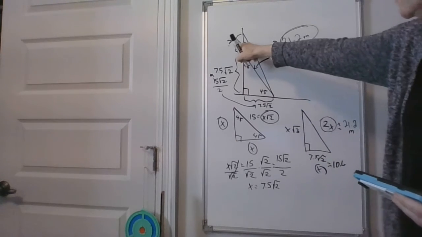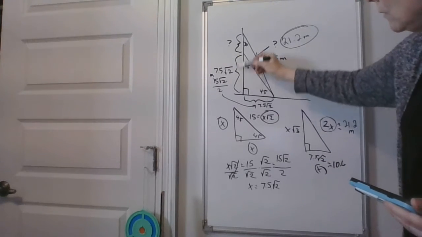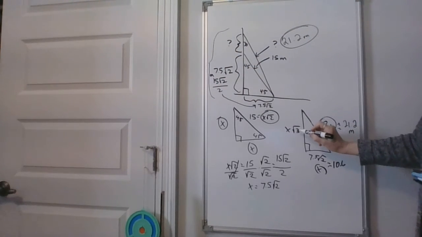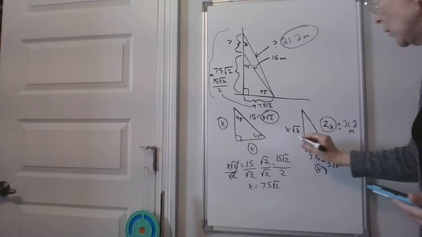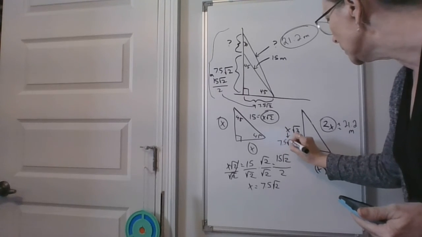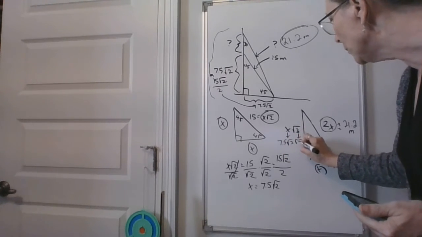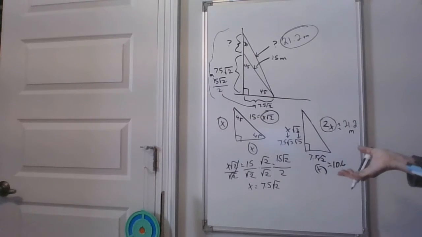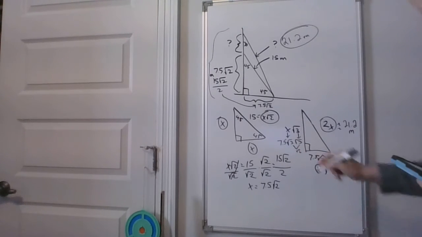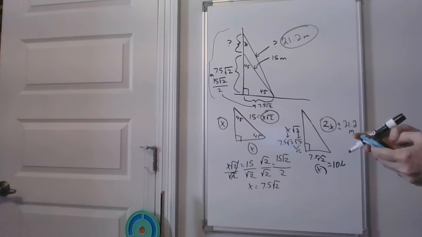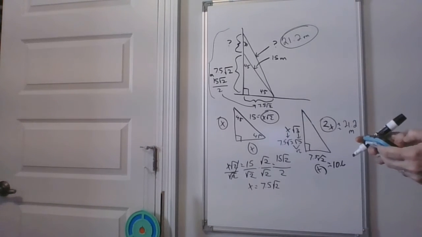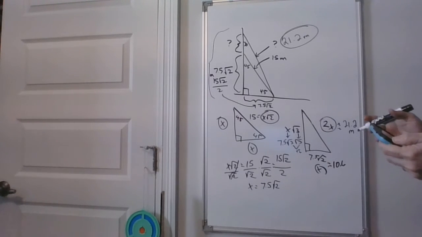Now we still have to take care of this part. So we do need this measure, but we also need the length of the whole thing. And that's what this x root 3 is going to take care of. So we're going to plug in 7.5 root 2 times root 3. We're going to put that in our calculator. And you could put it in straight. I go ahead and change that to root 2 times root 3 is root 6, just to make it easier. So the square root of 6 times 7.5, that's 18.4.